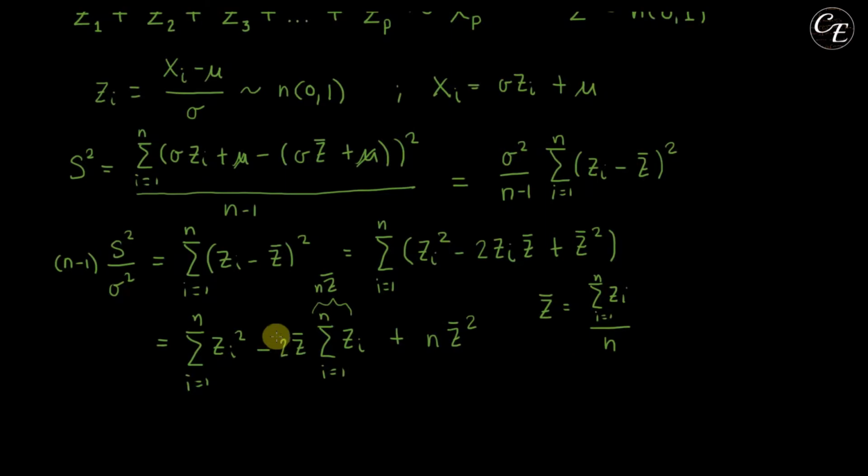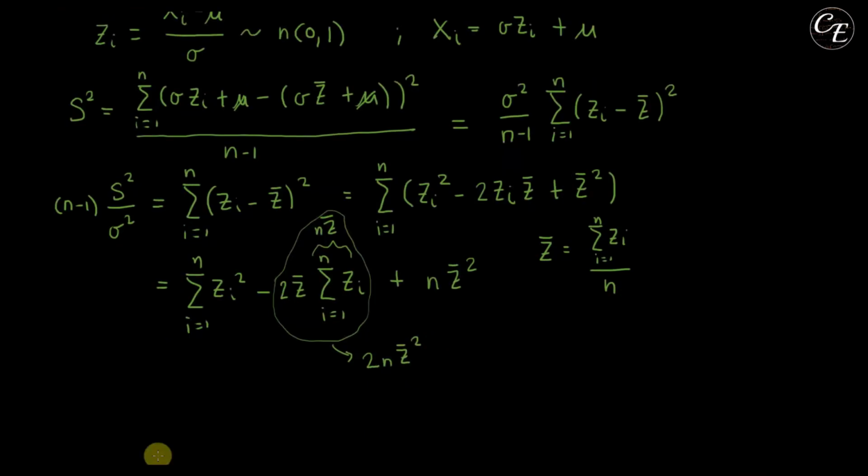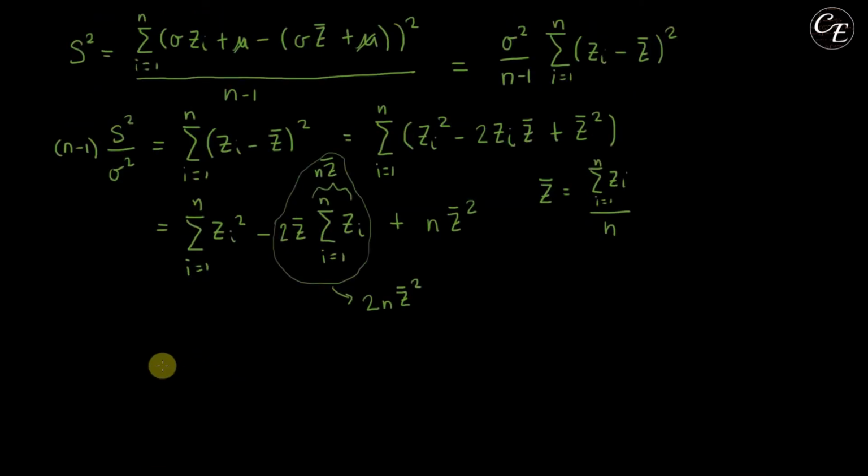Then this whole term in here will be 2 times n z bar times z bar, which is z bar squared. Then this is equal to this one, the summation of z sub i squared from i equals 1 to n, then minus this one plus this one.